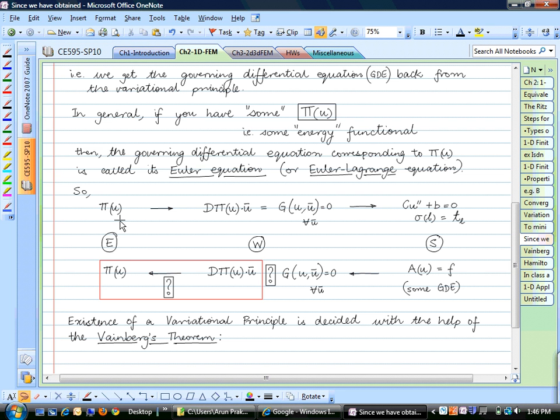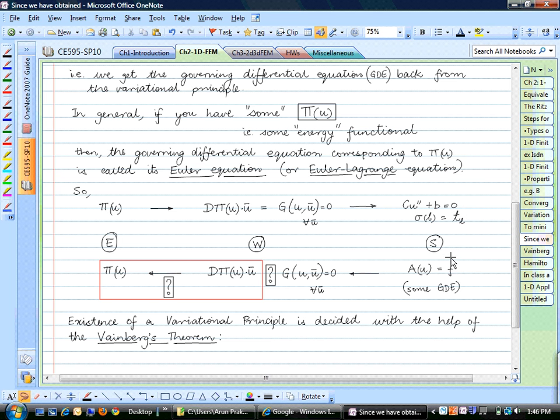Here's the process, sort of in a flow chart kind of way. This is the process that we just followed. So the real question is, now let's say we have this governing differential equation, which in general notation I'm just denoting with some operator, A. This operator could be a differential operator. So in our one-dimensional case, if this operator is the double derivative of u, then this would boil down to this equation.